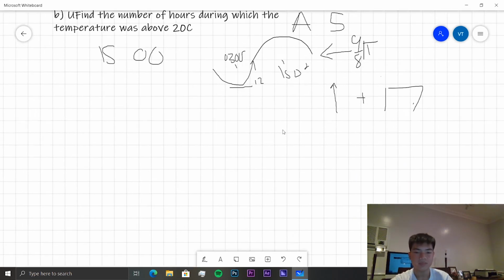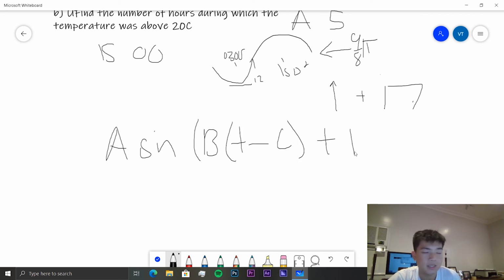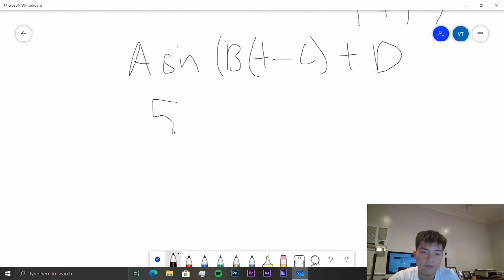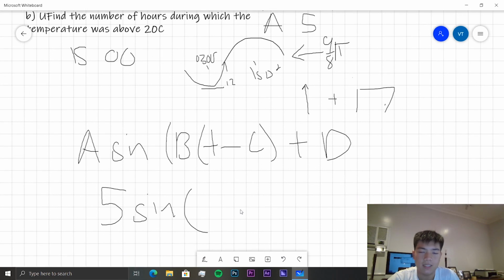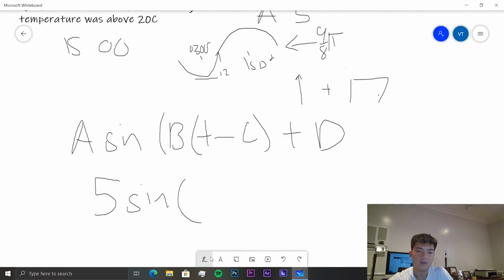Okay. So now we can model this as an equation a sine b of t minus c plus d, something like this. So amplitude 5, 5 sine, horizontal stretch. This should be 2 pi over 24.